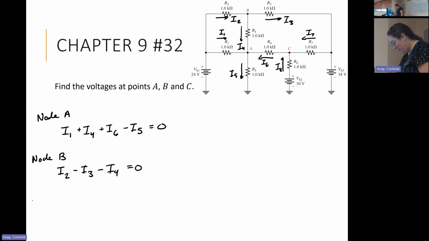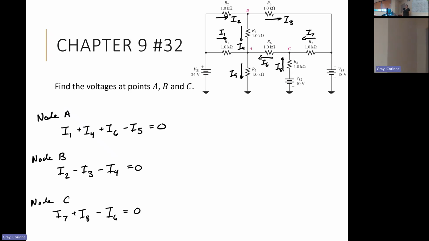You also need to go through and write out node C. Here we have 7 and 8 coming in, 6 coming out. We'll have I7 plus I8 minus I6 equals 0. So these will be the current equations that we have.